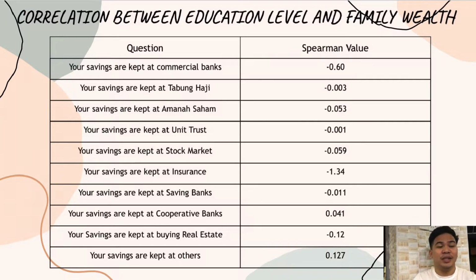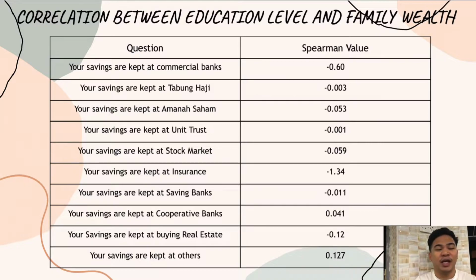The same goes for savings that are kept at Amanah Saham, Unit Trust and stock market, which show Spearman values negative 0.053, negative 0.001 and negative 0.059. Savings that are kept at savings bank also show weak negative interaction with the Spearman value negative 0.011.